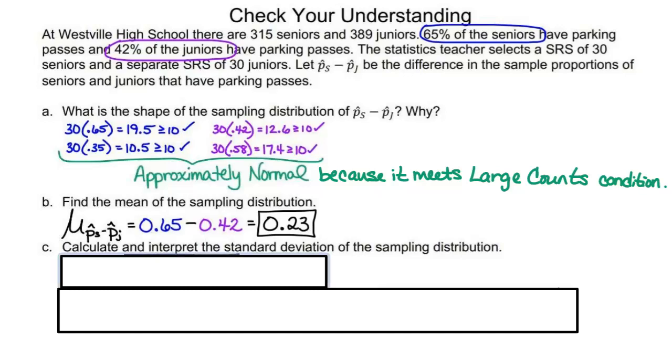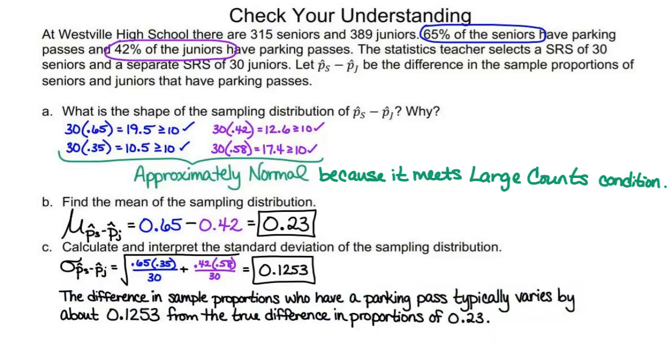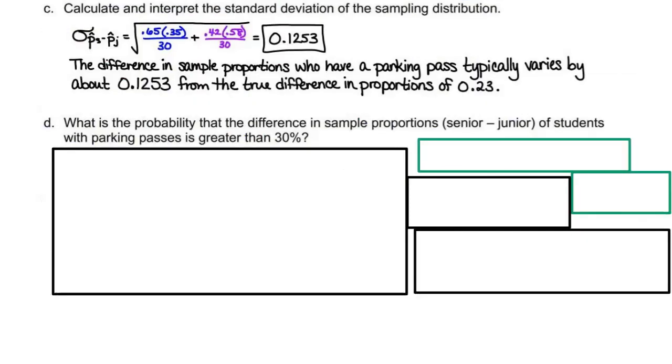Yes, 0.1253. Did 0.65 times 0.35 over 30, 0.42 times 0.58 over 30. So p1 times 1 minus p1 over n plus p2 times 1 minus p2 over n, and then square root the whole thing. My interpretation of that: the difference in sample proportions for people who have a parking pass typically varies by about 0.1253 from the true difference in proportions of 0.23. Let me pop that up a little higher on the screen so you can see it a little better.